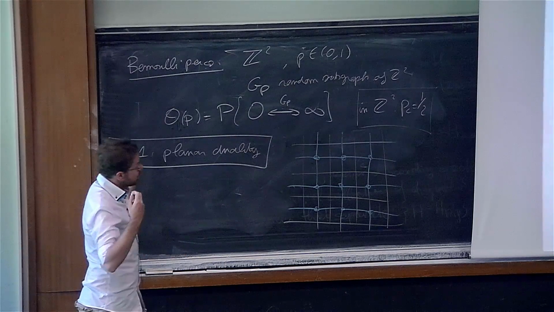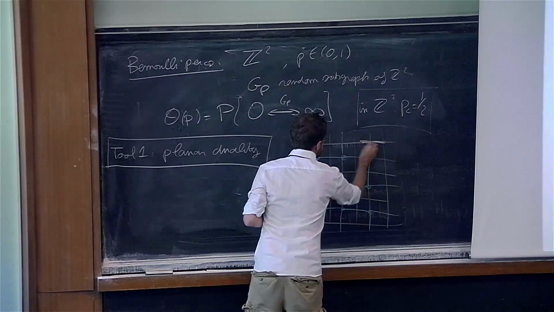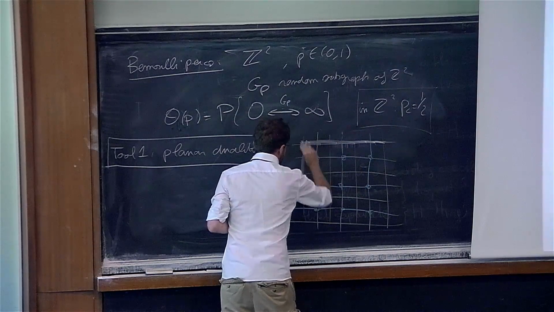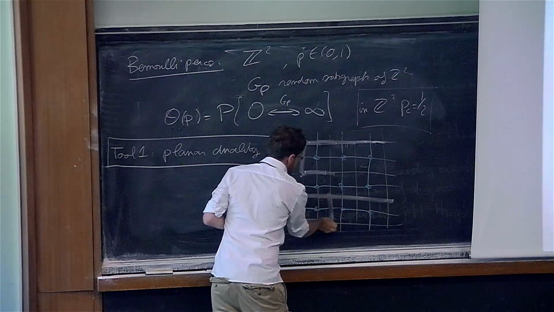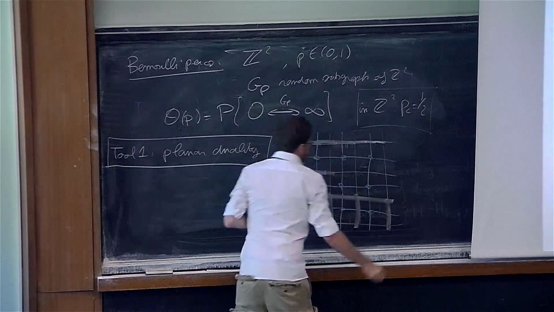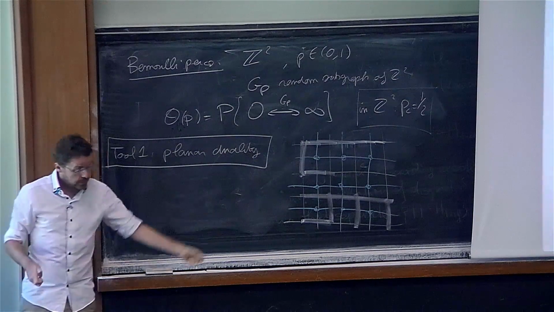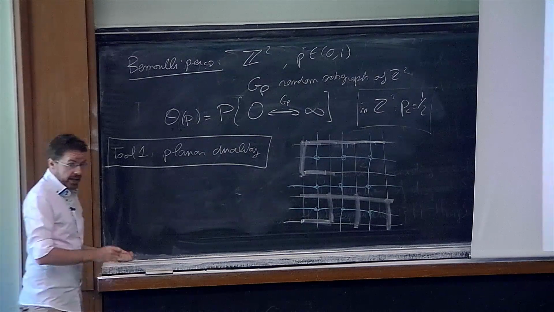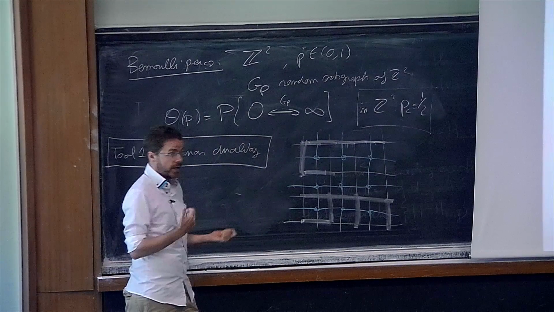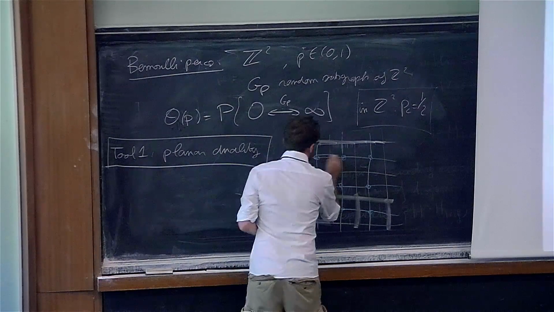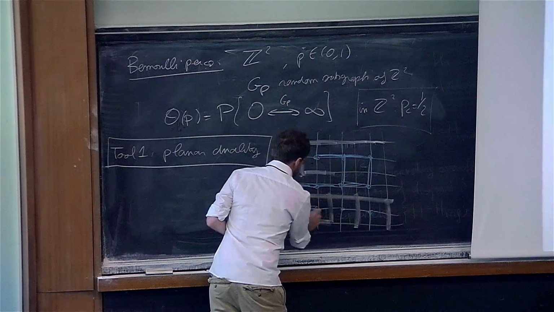Well, if you have a percolation configuration in the initial graph, so let's say that these edges are open, something like that. What you can do is build a configuration on a dual graph by declaring that a dual edge is open if and only if it does not intersect an open edge in the primal graph. So this is a dual configuration. It has these edges.